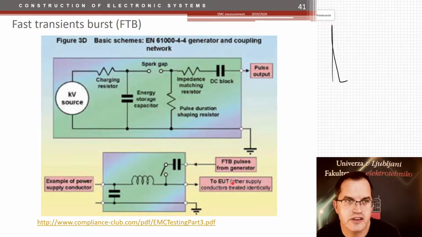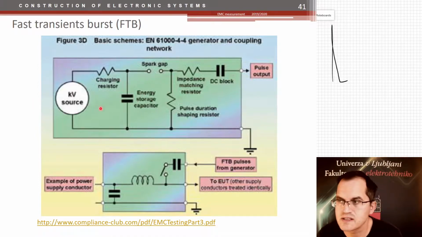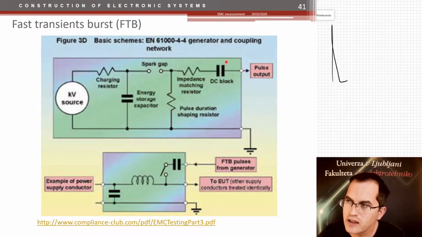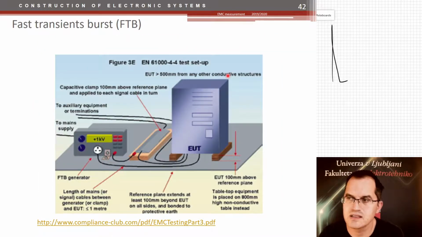And they are generated by some high voltage source, which is then charging a capacitor, and then you have a switch or a spark gap, which then transfers this energy to the output circuit. And here you have some shaping circuit that makes the correct shape of that pulse. Such a device is then also used to power so-called capacitive clamps.